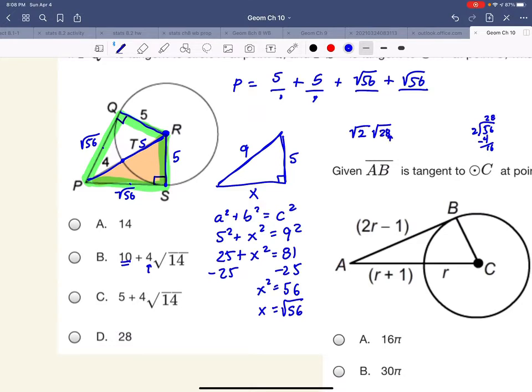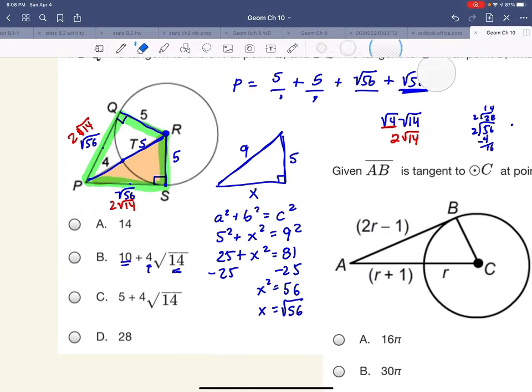So I'm just going to divide it again. 28 divided by 2 is 14. Oh, we like that, 14. So the square root of 56 is the same as the square root of 4 times the square root of 14. And the square root of 4 is actually 2. So this side is 2 times the square root of 14, and this side is 2 times the square root of 14.